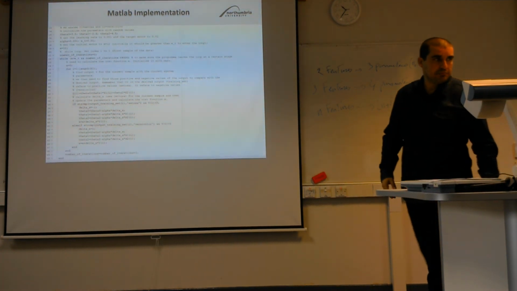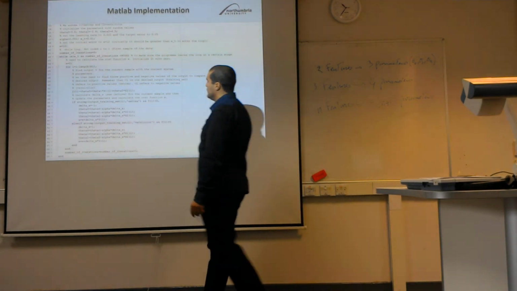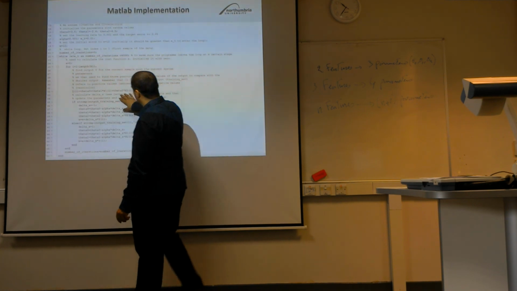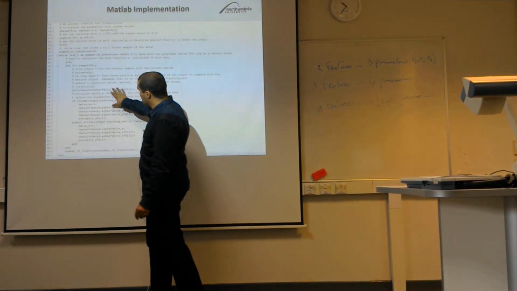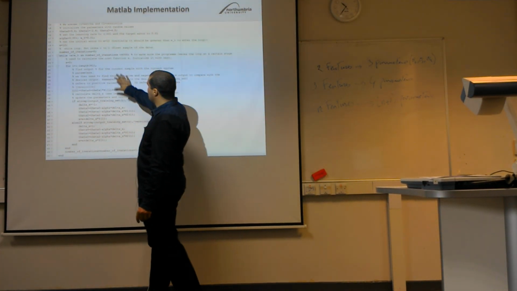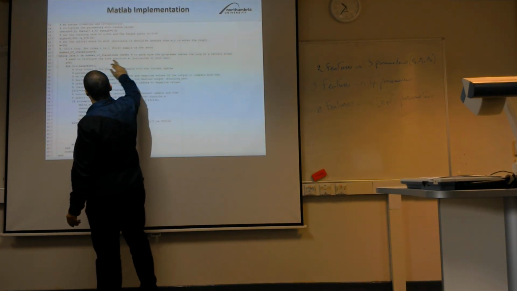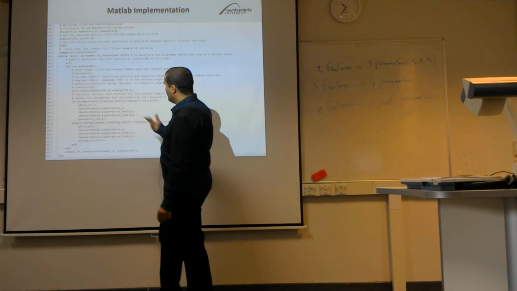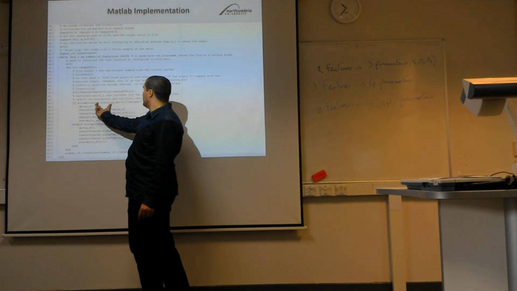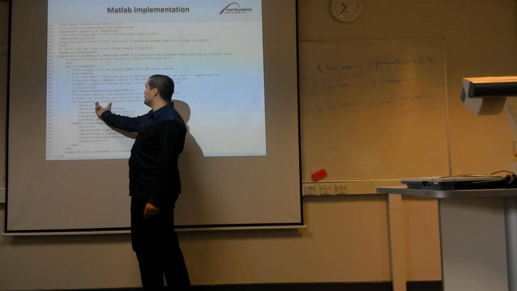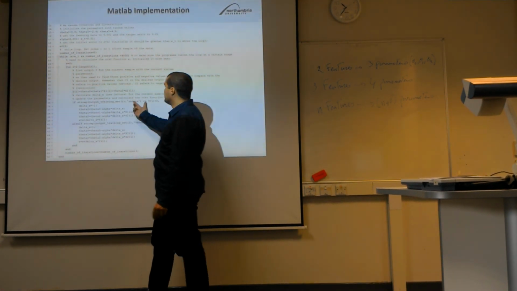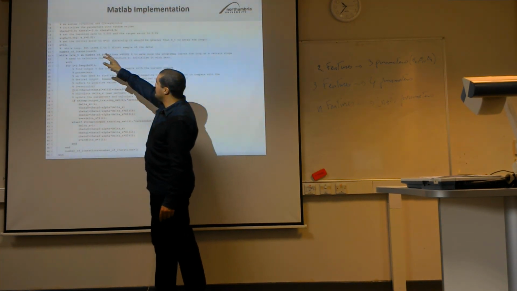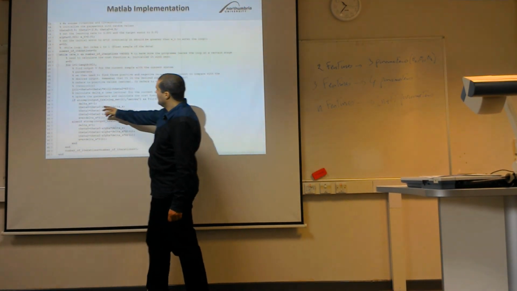So here is the implementation in Matlab. It's well documented. So basically, we use a loop. We initialize the training classification error. So we check whether the output of the system corresponds to the target output using the initialized parameters, theta 0, theta 1, and theta 2.